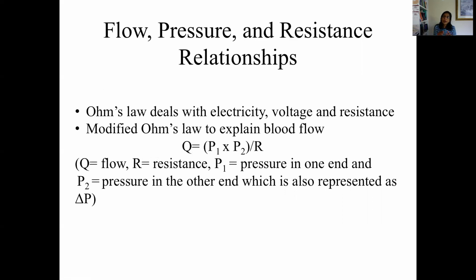directly proportional to the difference in pressure, whereas it's inversely proportional to resistance. Think about it like this. The higher the pressure with which blood is pushed, the greater the flow. Resistance is the opposing force.